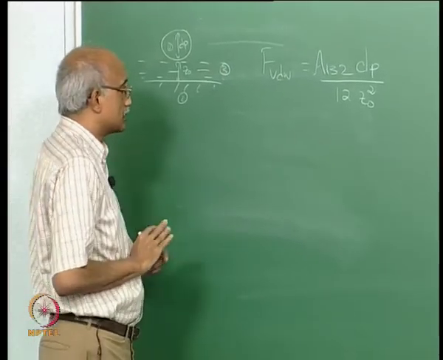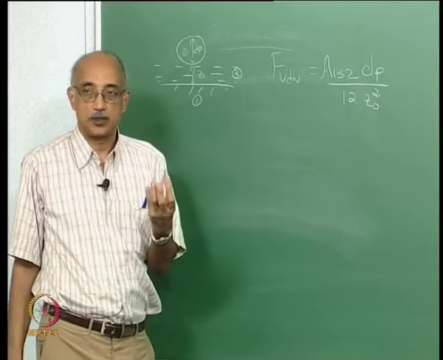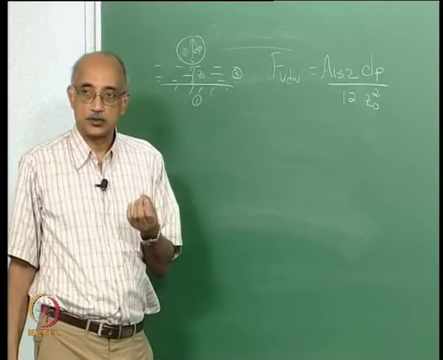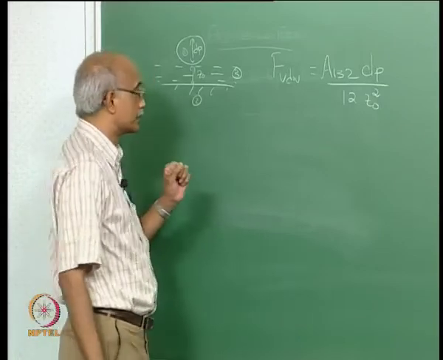So in the case of a sphere interacting with the planar surface, the van der Waals force is proportional to the Hamaker constant, proportional to the diameter of the particle, and inversely proportional to the distance of separation between the particle and the surface.